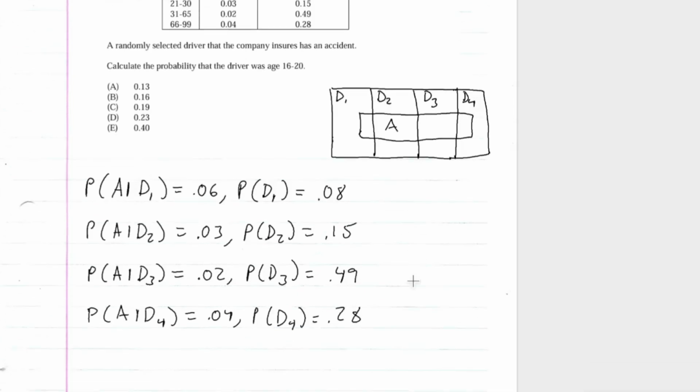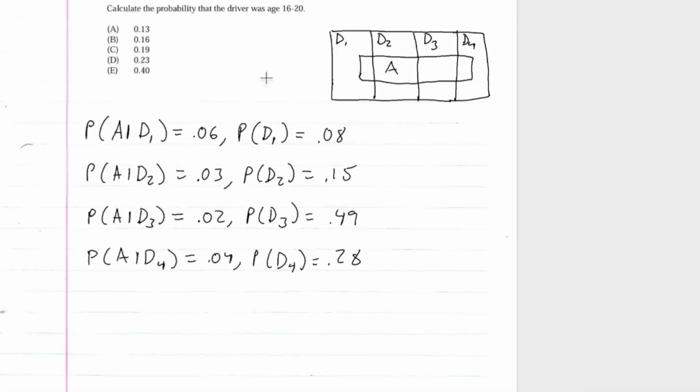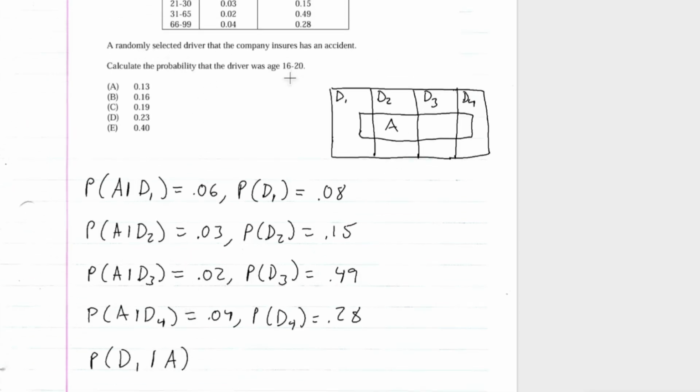So they tell us a randomly selected driver that the company insures has an accident. Calculate the probability that the driver was age 16 to 20. So they want the probability that they were in the first category given that they had an accident. That's what they're looking for.